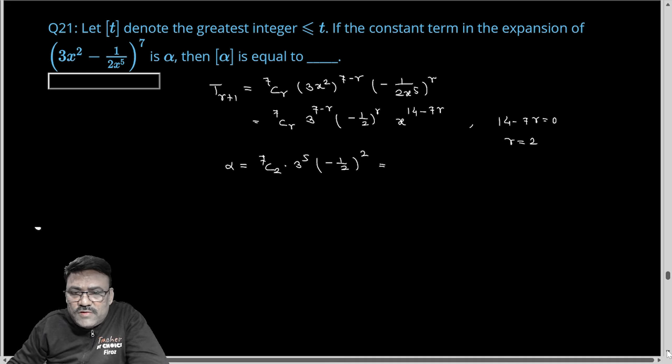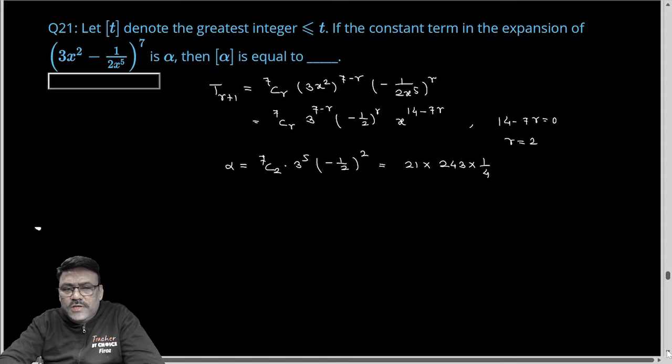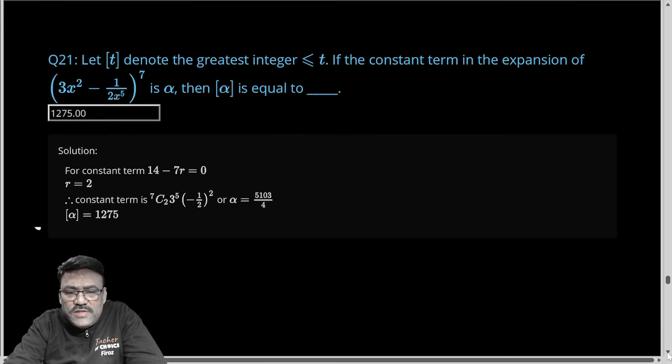7C2 is 7 into 6 divided by 2, 21. 3 raised to 5 is 243, into 1 by 4. This is alpha. So just take its integral part. Ultimately, it is 5103 by 4.